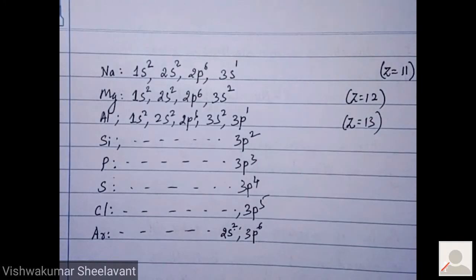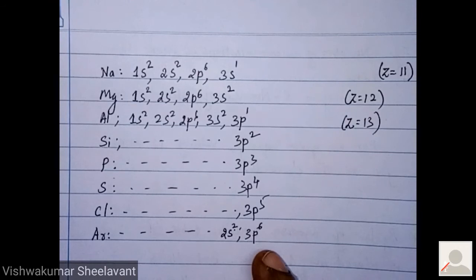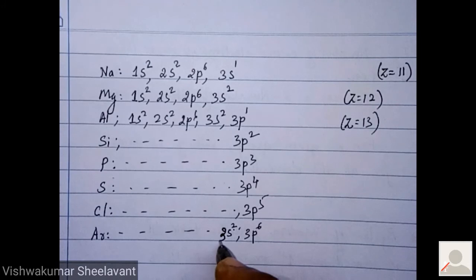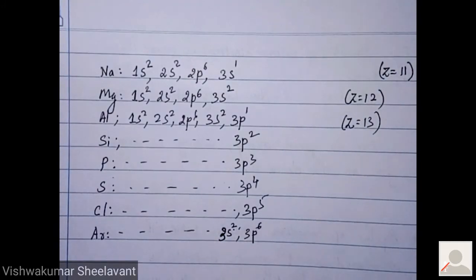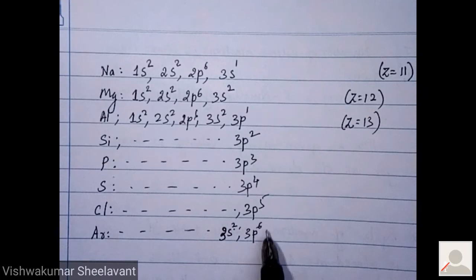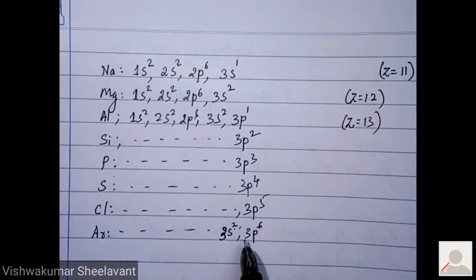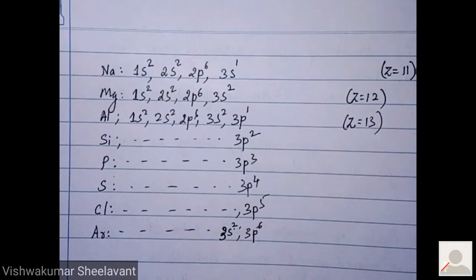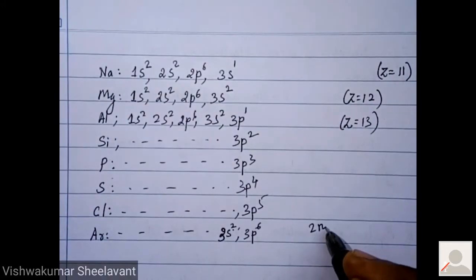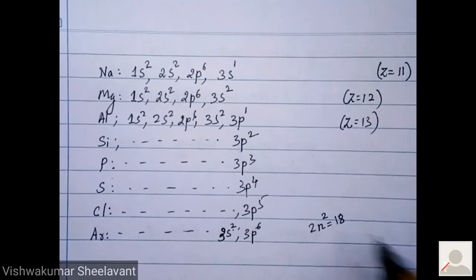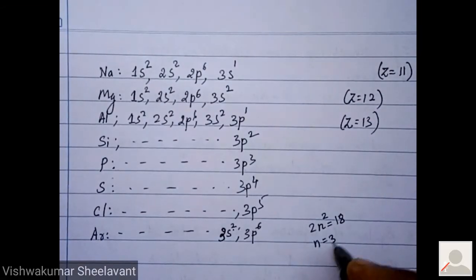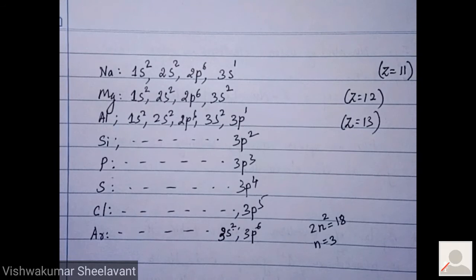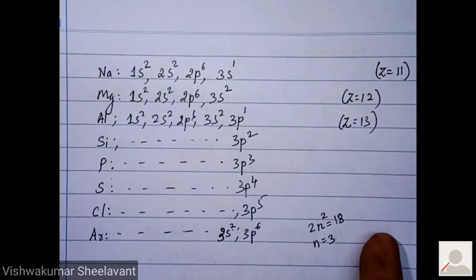2s square, 3p6. 2 plus 6 is 8. There are 3 orbits. Here I have to write 3: 3s square, 3p6. The outermost orbit is now completely filled. Completely in the sense 8 electrons are filled. Actually, the third shell can hold 18 electrons according to the 2n square formula. But what is another rule there?